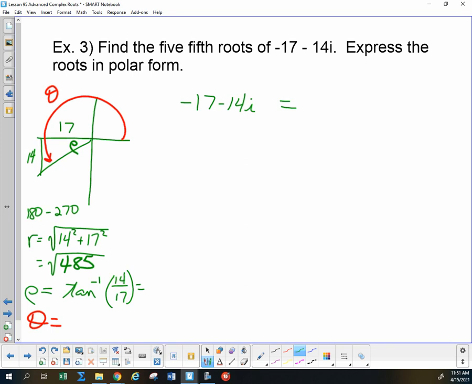What'd you get, Erica? 39.472. Anybody else? Okay, that's just this little piece inside of here. What did you do to get your theta all the way around from the positive horizontal axis? 180 plus the 39.472, which gave you what for that part? 219.